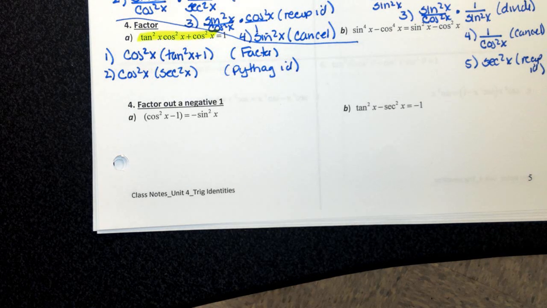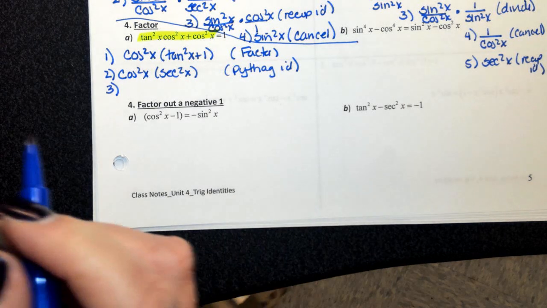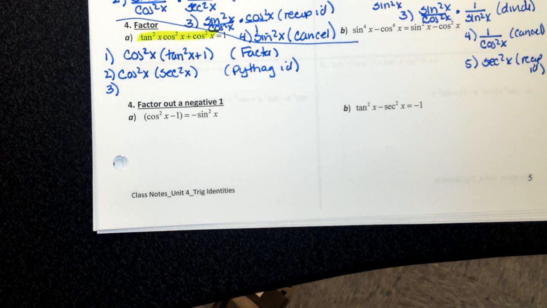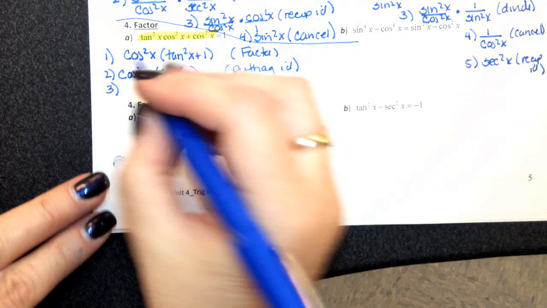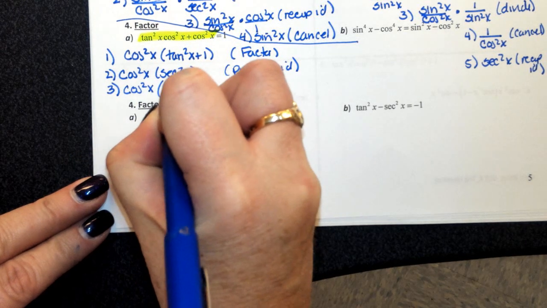Now, what's the relationship between cosines and secants? They are reciprocals of each other. So it's kind of an eeny, meeny, miny, mo. I know cosine is equal to 1 over secant, secant is equal to 1 over cosine. It doesn't really matter which reciprocal identity you use. I'm just going to go ahead and change secant squared x into 1 over cosine squared x.